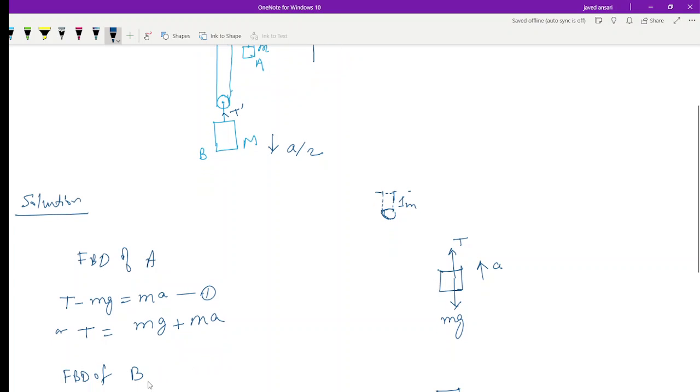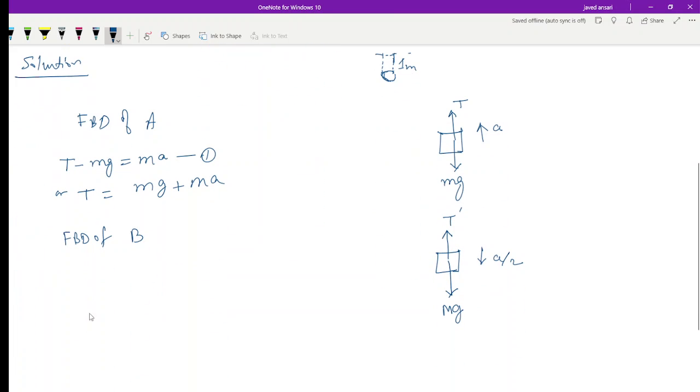Let's assume for now this T dash is upward. That's it. There are only two forces here. And then this is moving with an acceleration a by 2. We already discussed this a by 2. So again from Newton's second law of motion, Mg downward minus T dash upward equal to M a by 2. This is equation number 2.